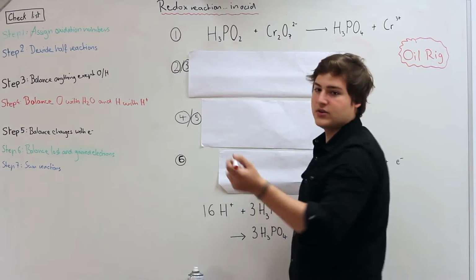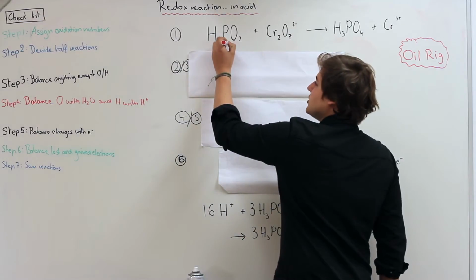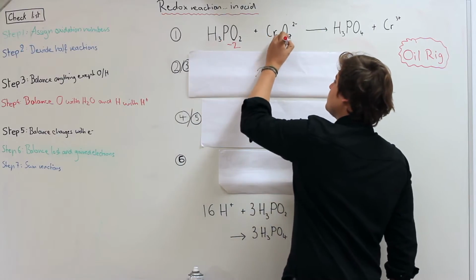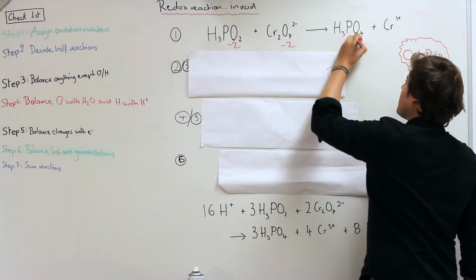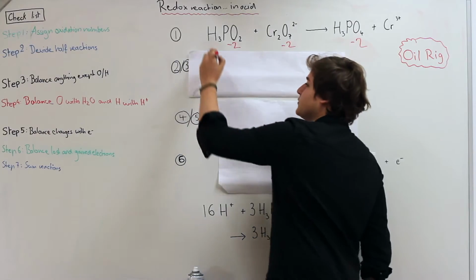atoms. As you may already know, oxygen is -2 and hydrogen is +1.